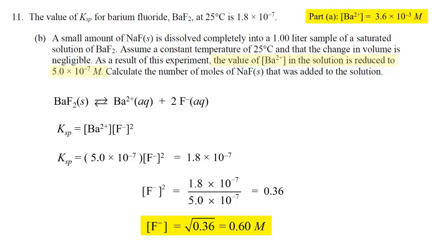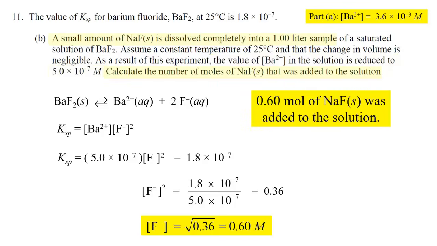Well, additional fluoride ions were added in the form of sodium fluoride. So the official answer to this question is related to the fact that we had a 1 liter sample, and so therefore to achieve a 0.6 moles per liter concentration of fluoride, this means that 0.60 moles of sodium fluoride solid was added to the solution. So again, it's an example of the common ion effect.